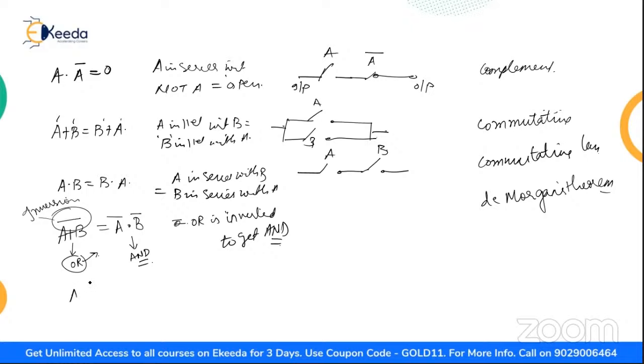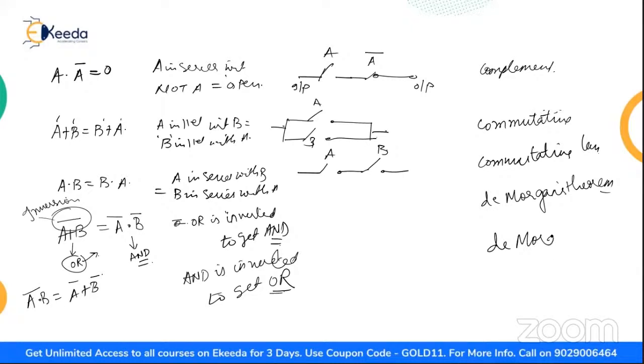A dot B complement is equal to A bar plus B bar. That means and is inverted to get or. This is first law, this is second law.